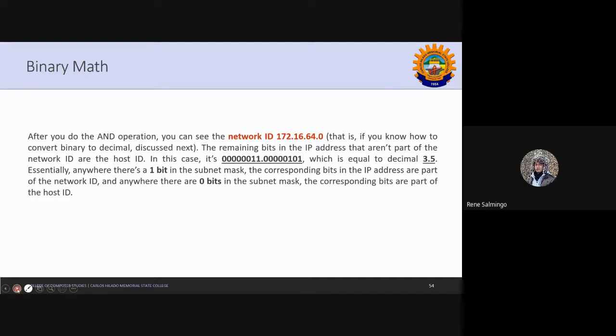Essentially, where there's a 1 bit in the subnet mask, the corresponding bit in the IP address is part of the network. Anywhere there are 0 bits in the subnet mask, the corresponding bits are part of the host ID.